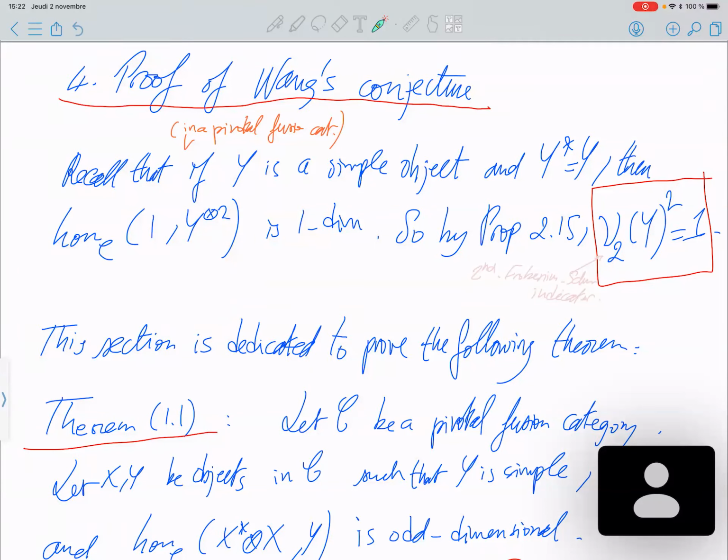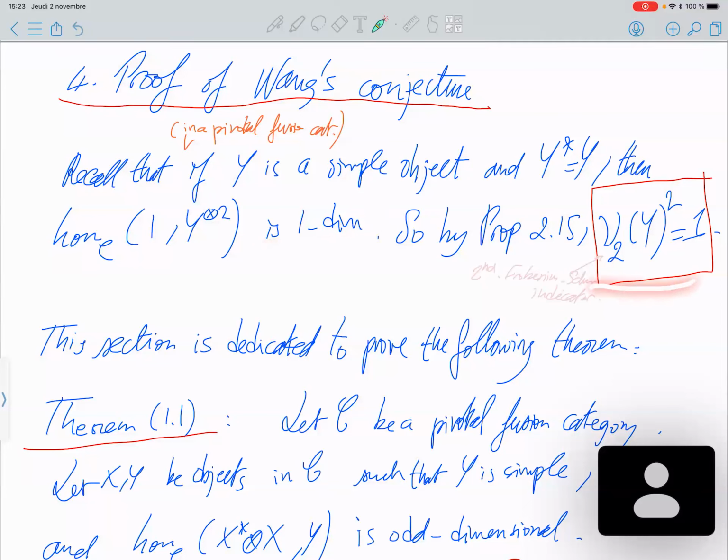Remember that Schur's lemma says that the Hom space between a simple object and itself is a division algebra. So for that to be one-dimensional in the finite-dimensional case, we need the field to be algebraically closed. Okay, so this is one-dimensional.